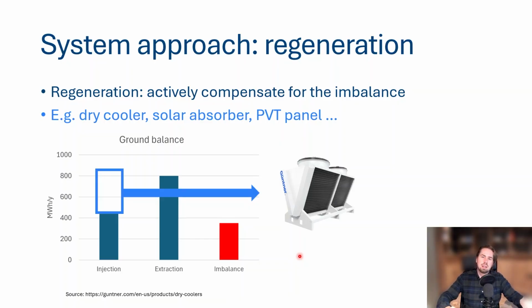So by actively injecting more heat into it, we can take away the imbalance, but in a different way than with hybridization. And you can do the same if you, for example, have more injection than extraction, then you just have to make sure that you extract more heat with another technology to balance your borefield. So this is what I wanted to talk to you about today.